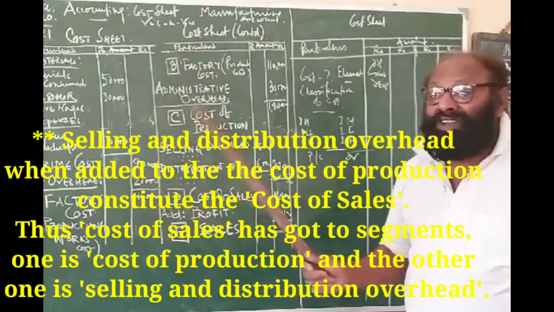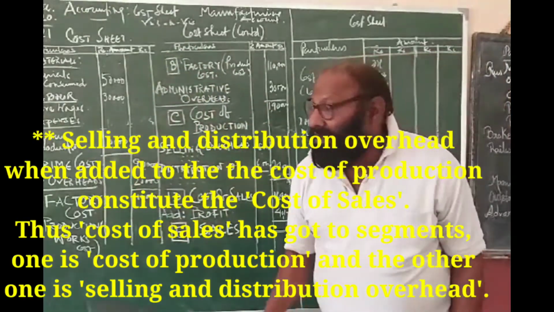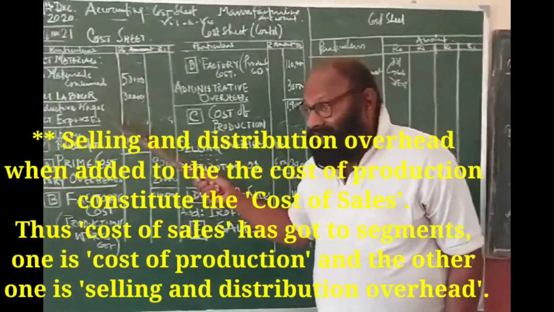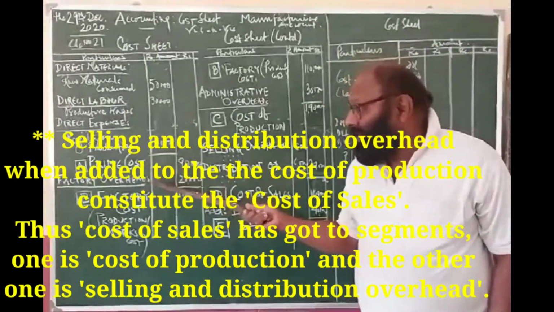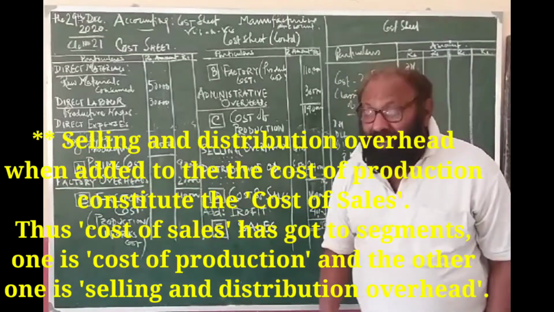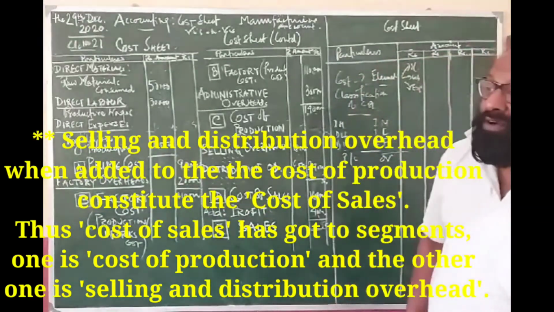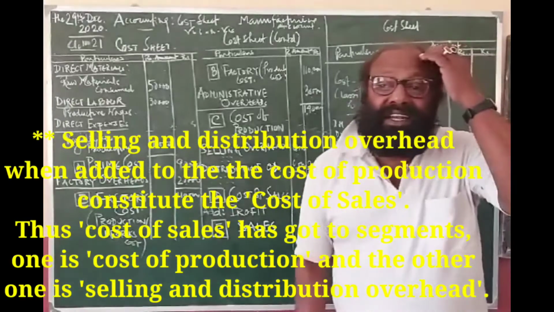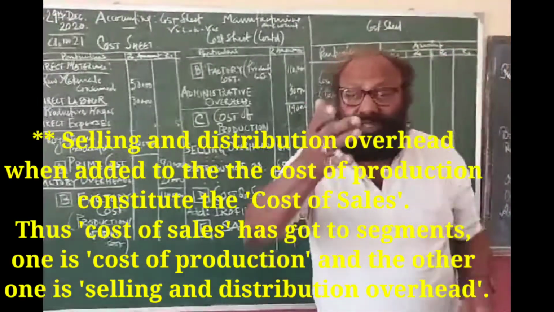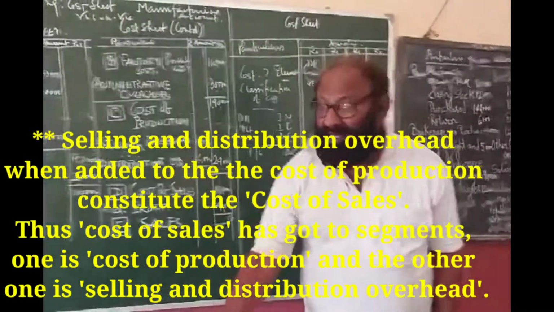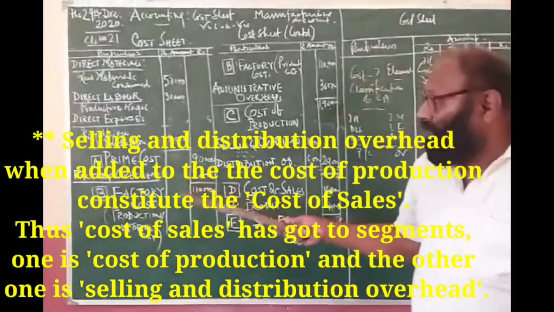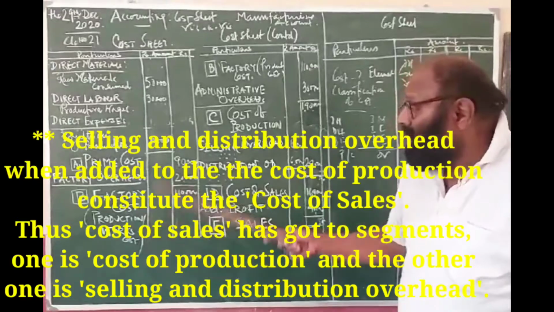The prime cost again has got three dimensions: direct material, direct labor, direct expenses. It will constitute prime cost. To prime cost, we should add factory overhead or production overhead. What is the difference between prime cost and factory overhead? Factory overhead is the incidental expenses, expenses of different nature which cannot be directly charged to the production, and that is known as factory overhead or production overhead.